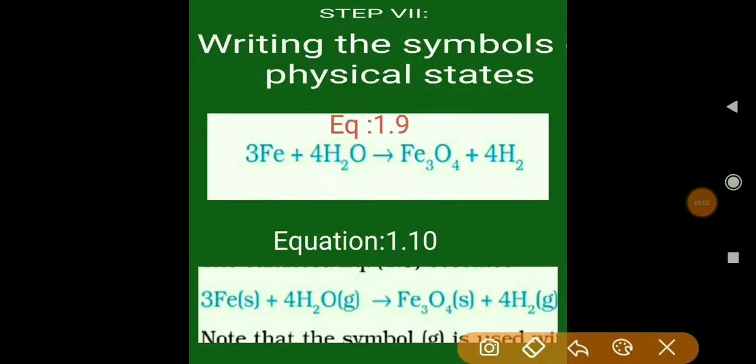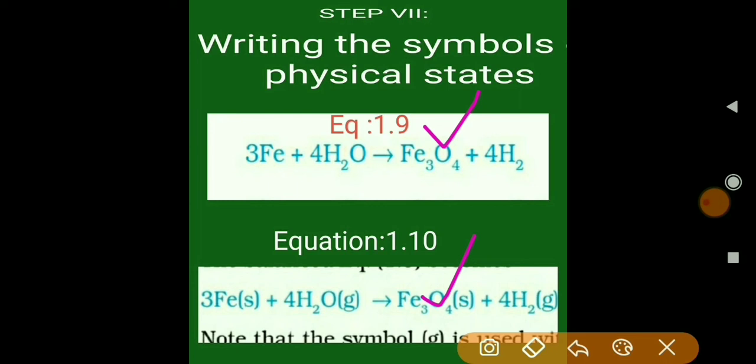Step 7. Writing the symbols of physical state. It is one more important step to know. Just compare equations 1.9 and 1.10. Do you observe any change? If not, then carefully examine the above balanced equation 1.9.